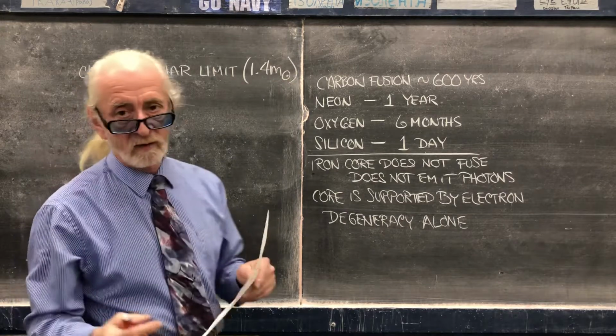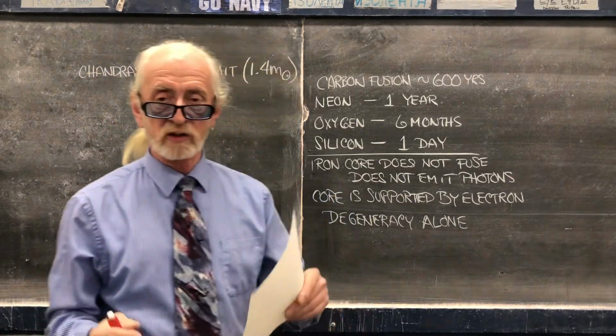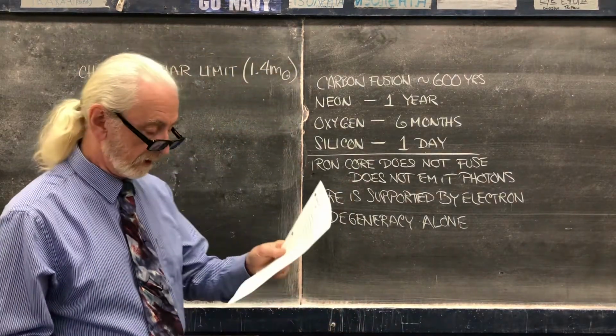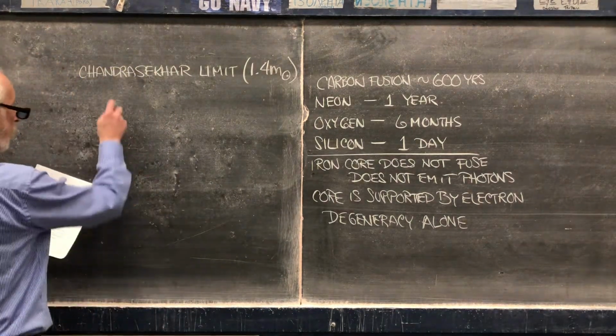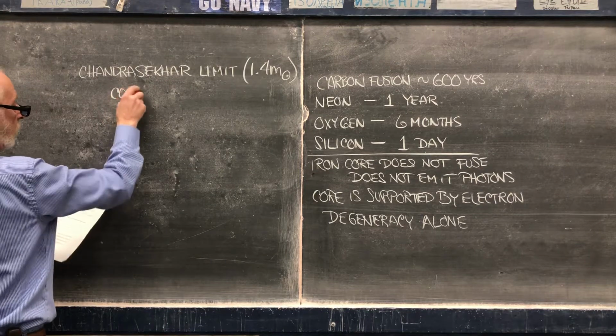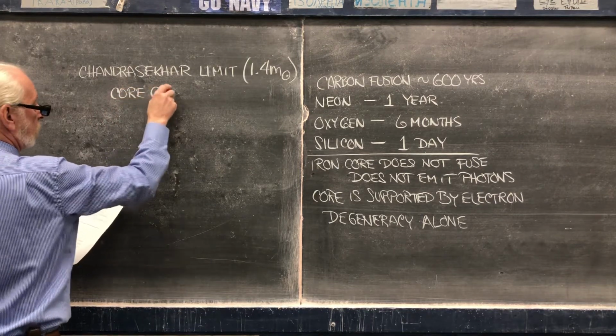That's the limit of electron degeneracy. It can't support any more mass than that. The Chandrasekhar limit is reached and the core collapses.